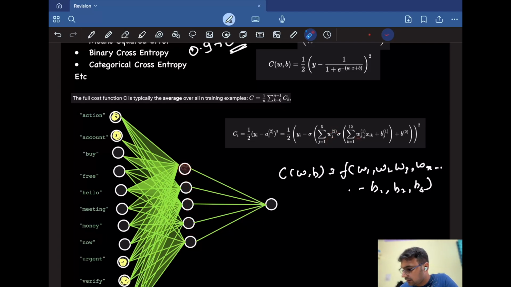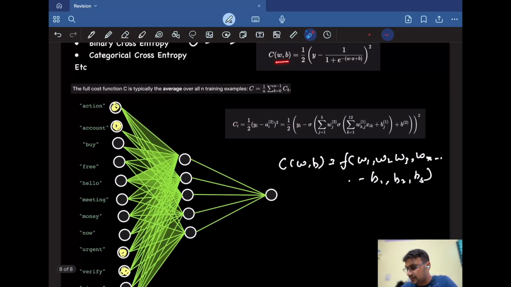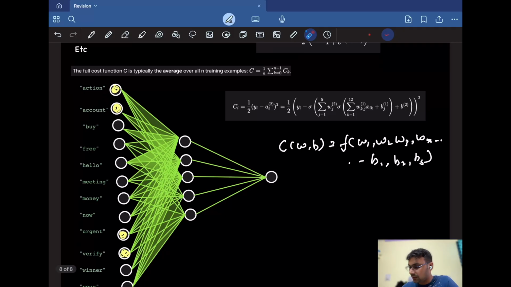The previous layer is again dependent on the layer before that, so this is again a sigmoid because of activation, with 12 weights times the actual values plus bias. This is a simple example to understand how the cost function is dependent on weights and biases. Eventually our goal will be to get the optimal values of weights and biases so that the cost function will be at its minima.